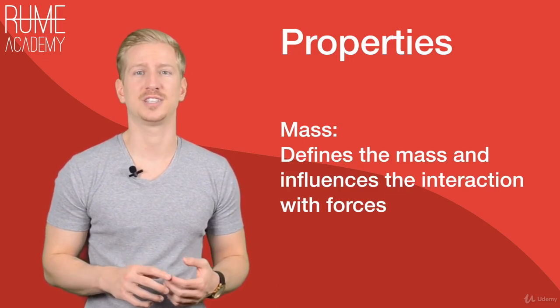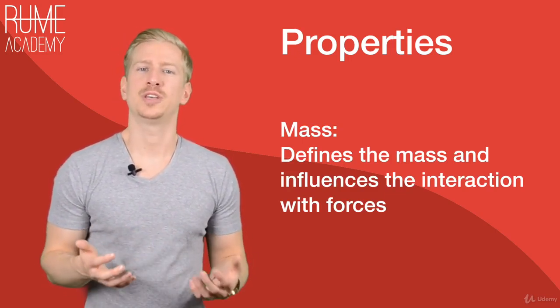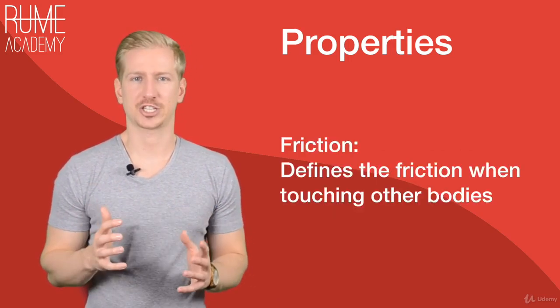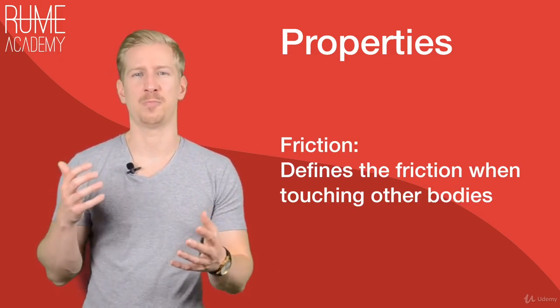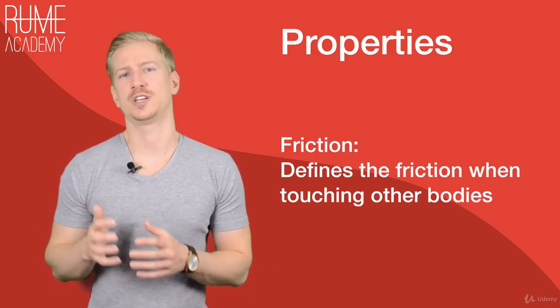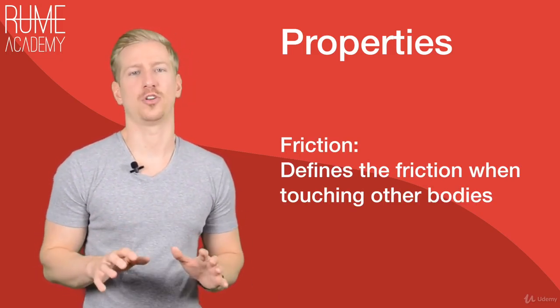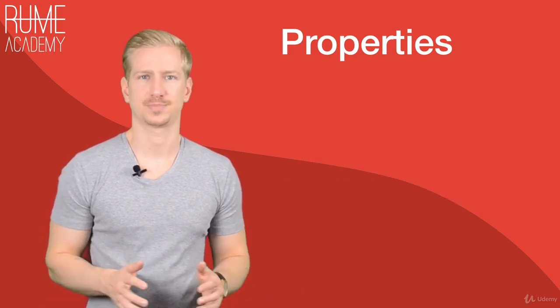Mass defines the mass of a body and therefore how it will be affected by gravity and force. Friction defines the friction and will be defined anywhere from 0 to 1.0. 0.0 means no friction at all, and 1.0 is maximum friction.